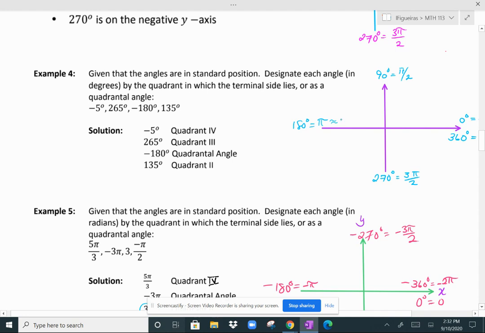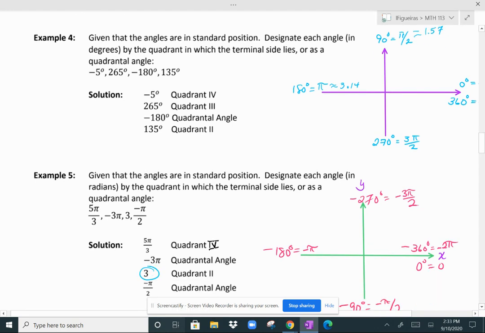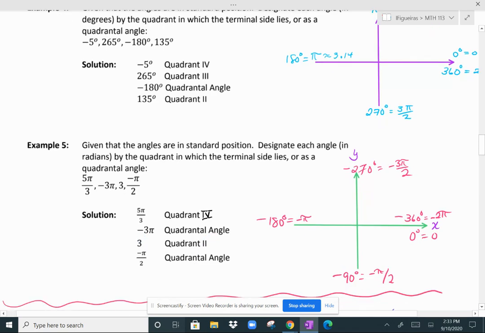Remember, pi is approximately 3.14, and this is half of that, which is about 1.57. So 3 radians is definitely in quadrant 2. It's actually close to the 180 mark, but not quite. And then finally, we have negative pi over 2, so we can see that here, when you go in the clockwise direction, that is a quadrantal angle.